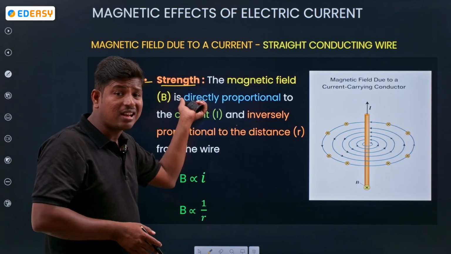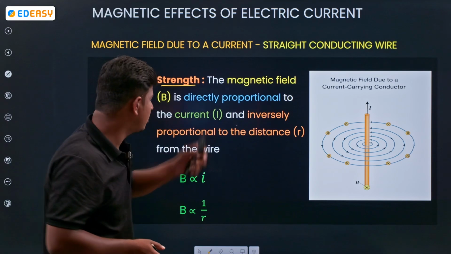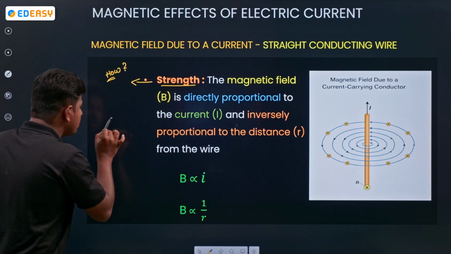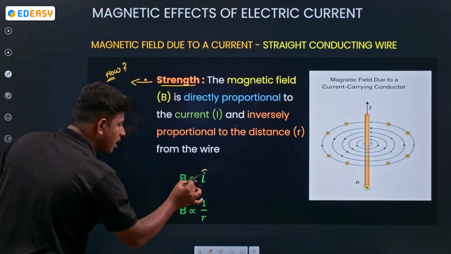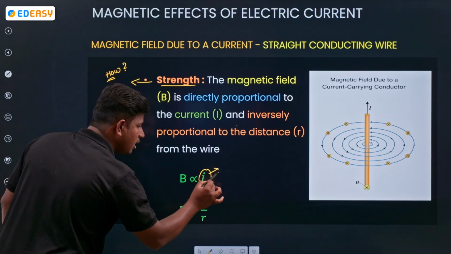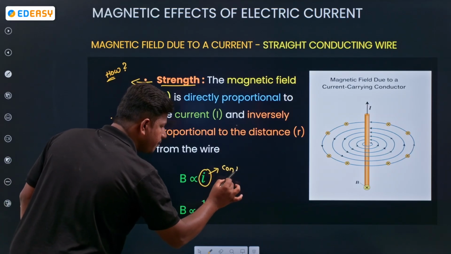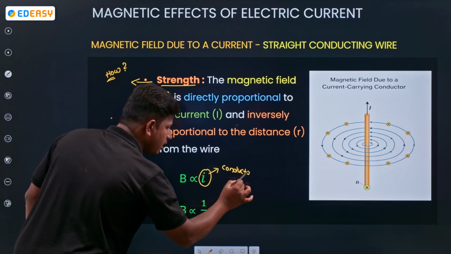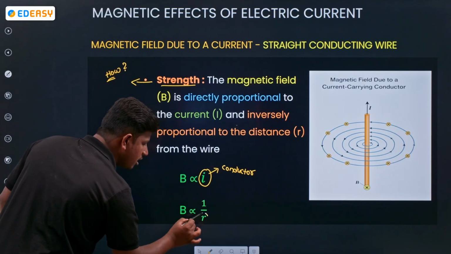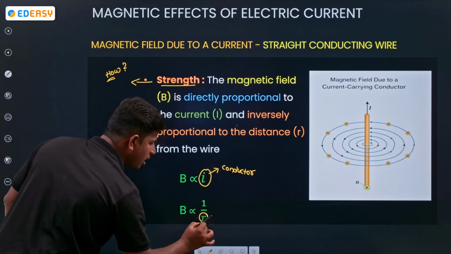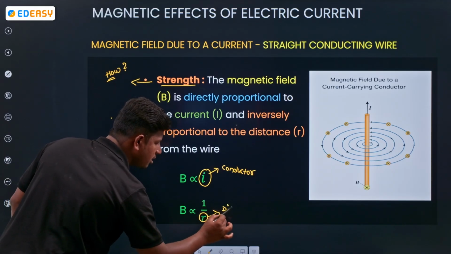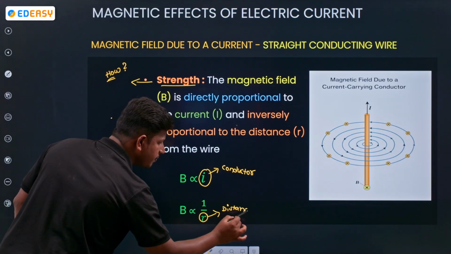So this attraction or repulsion depends on what? It depends upon the current in a conductor, and is inversely proportional to the distance from the magnetic field lines.